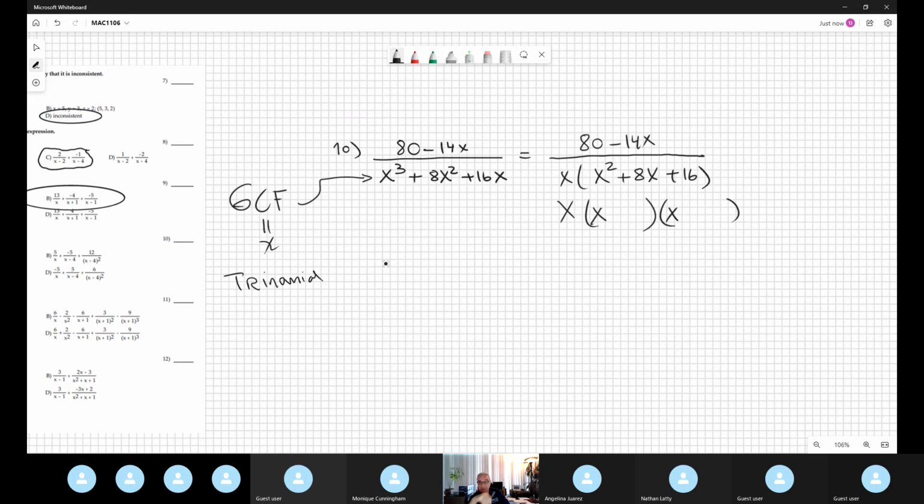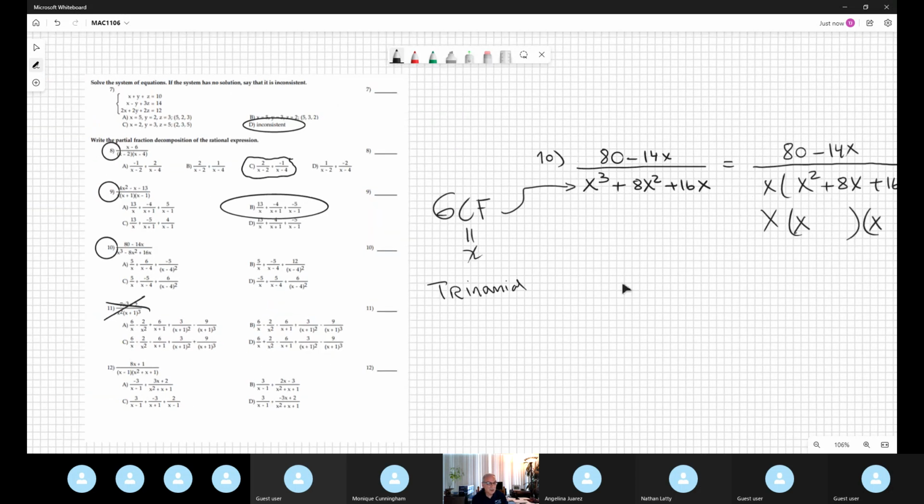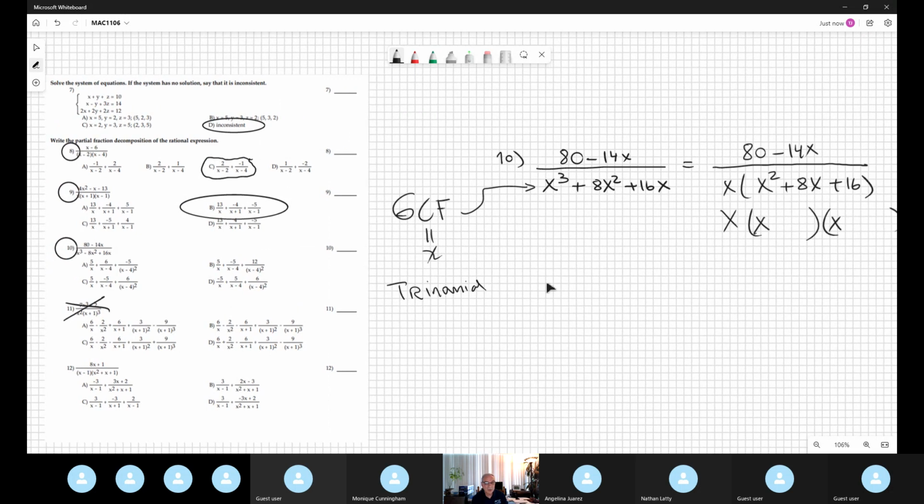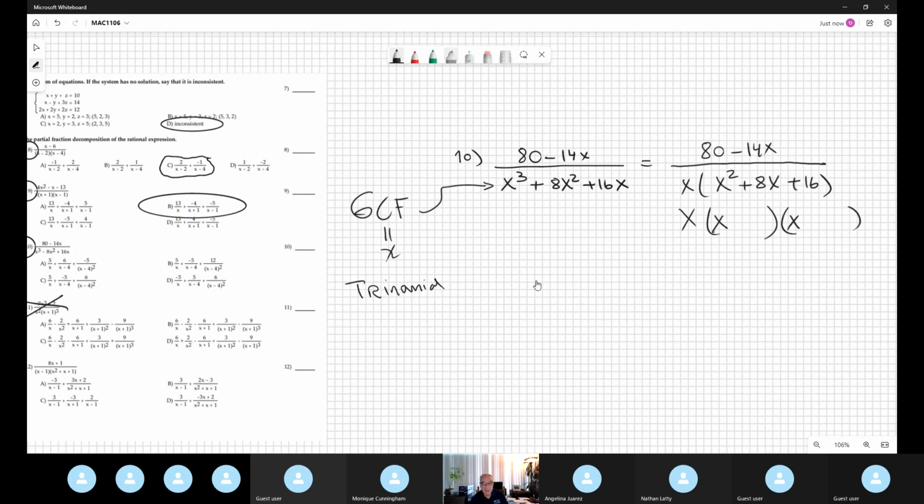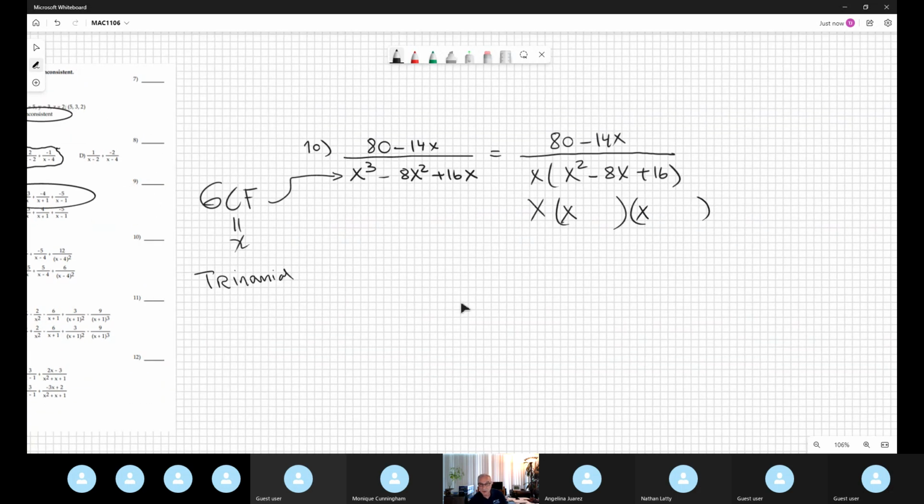is 8. So 4, well, did I make a mistake or no? Let me see if I copied it right. No, I copied wrong. This sign is minus. Look, this is an important detail. It's completely different. This sign is minus in the original. No? I copied plus because I'm crazy. But the important thing is the combination that opens the door, and the factorization is 4 and 4. Why, Professor?